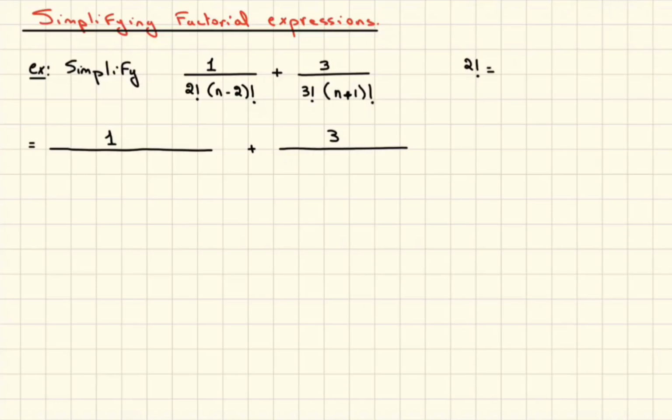I know that 2 factorial can be written as the product of the first two natural numbers, so 1 times 2, which is 2. Then 3 factorial is 1 multiplied by 2 multiplied by 3, which is 6. Now, once I'm done with the numbers, I need to look at n minus 2 factorial and n plus 1 factorial.